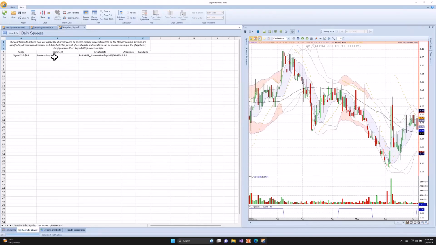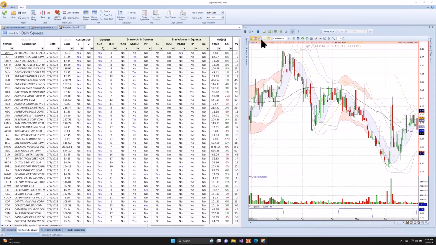So in this case, the chart layouts worksheet of the workbook for the report has been configured with a squeeze overlay and some other indicators. That's how we configure it. It's a separate worksheet within the report.